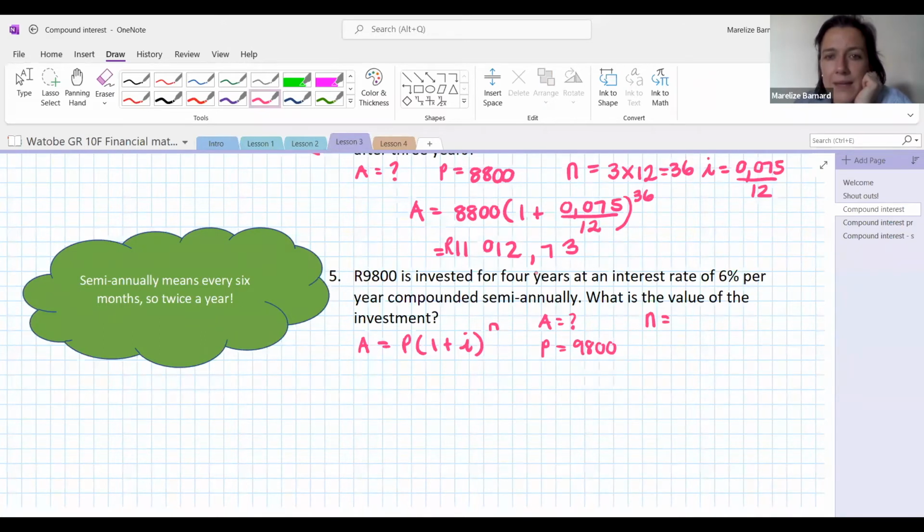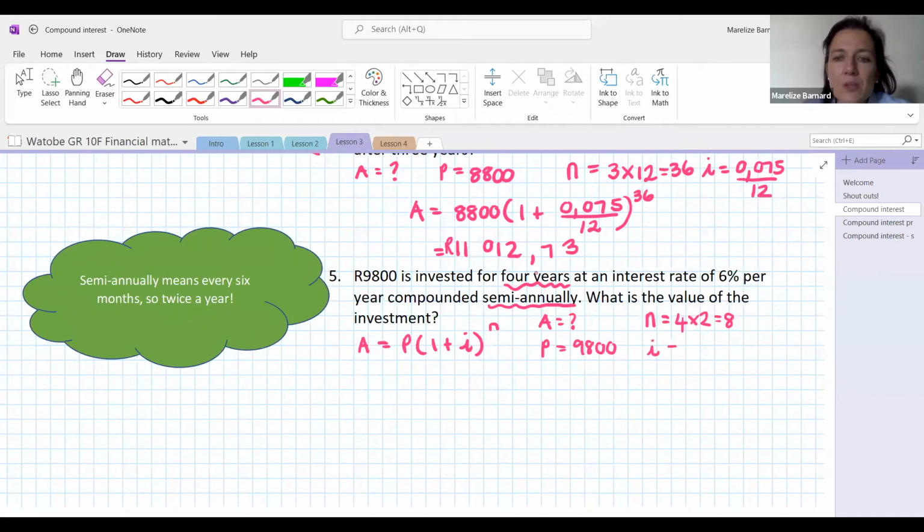We are putting our money away for 4 years, but it is compounded semi-annually. So what do you think we're going to times the 4 by? That's right. We're going to times it by 2. So that gives me 8.